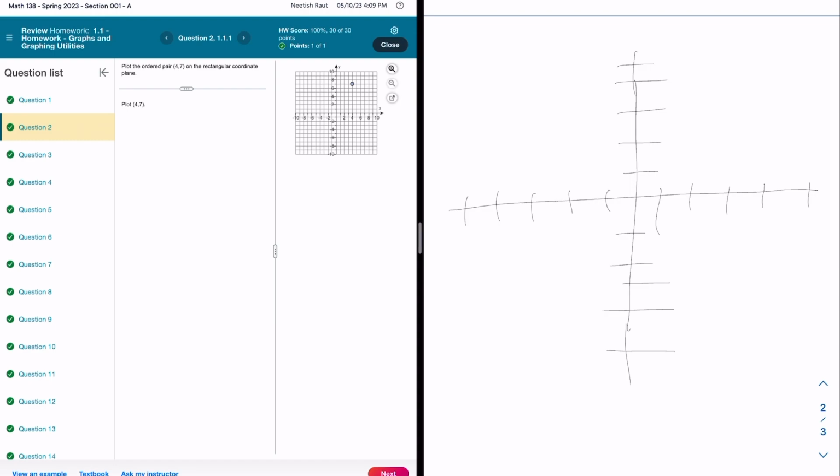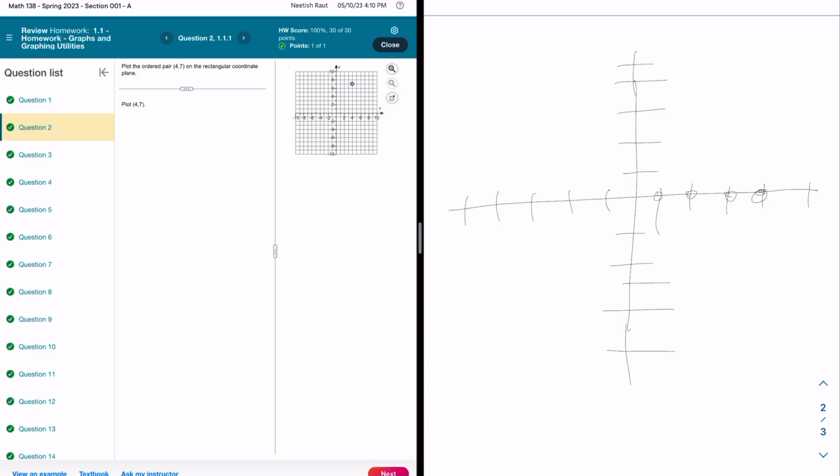So our question is (4, 7). Always plot x first, the x coordinate first, then we will jump to the second, the y coordinate. So 4 will go here, 1 2 3 4. So our x coordinate is here at 4, and then we will move to the y coordinate, 7.